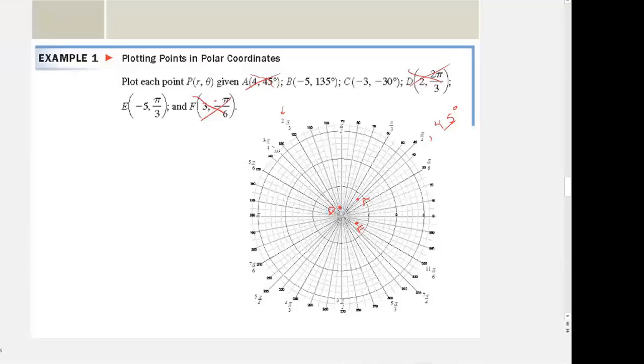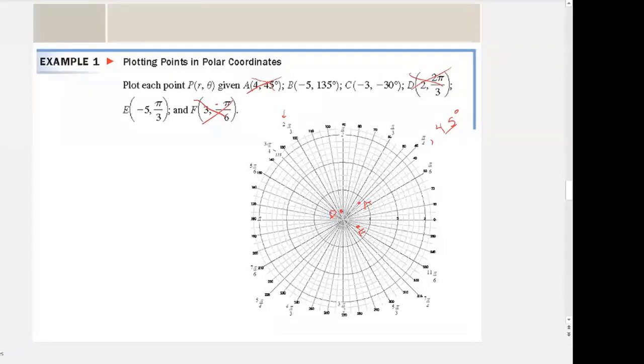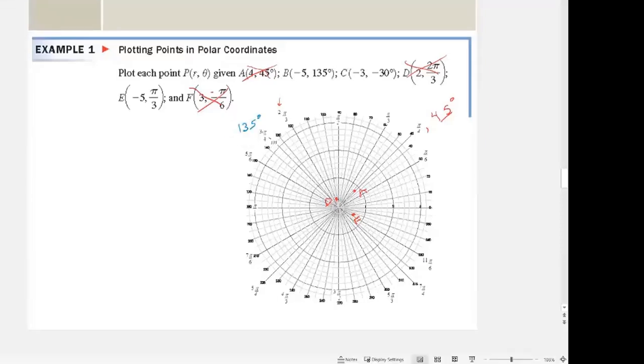The ones that always cause problems are the negative radii. 135 degrees, that's going to be in quadrant 2, reference angle 45 degrees, which is the same as 135 degrees in this direction, but since it's -5, I'm going in the opposite direction.